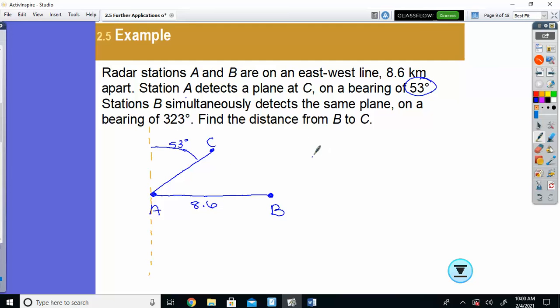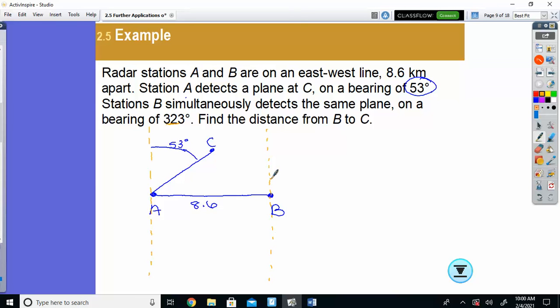Station B simultaneously detects the same plane on a bearing of 323 degrees. So if we do the north-south line at B, because I'm talking about the bearing from B, if I tell you 323, that's from due north, clockwise.